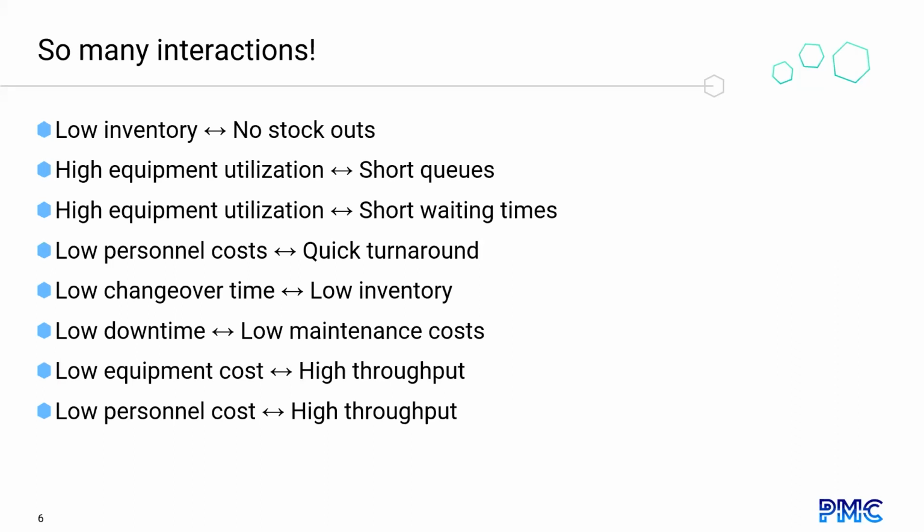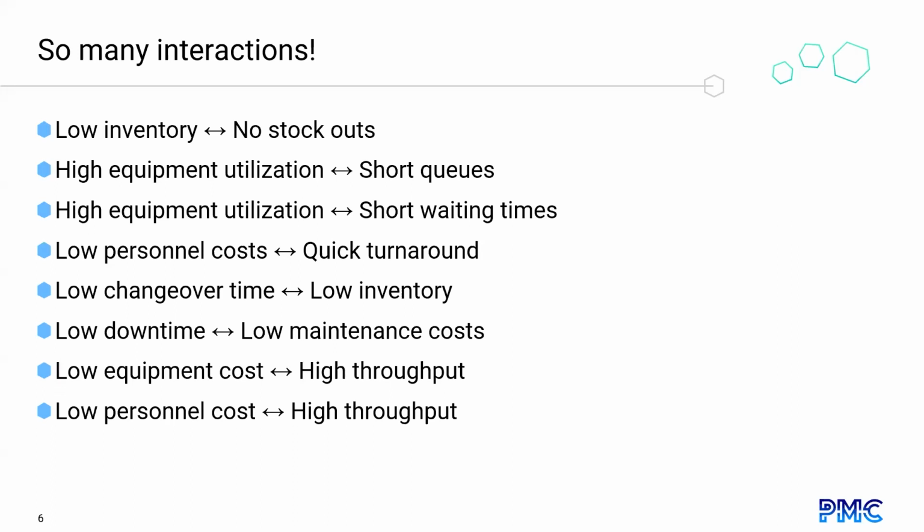Here's low inventory again. I may have inventory of many different parts, for example. And if I keep my changeover time low, I don't change over very often, but then I build a high inventory of whatever I'm making, like a part type, until I change over.